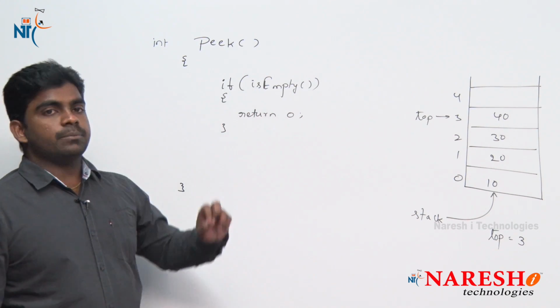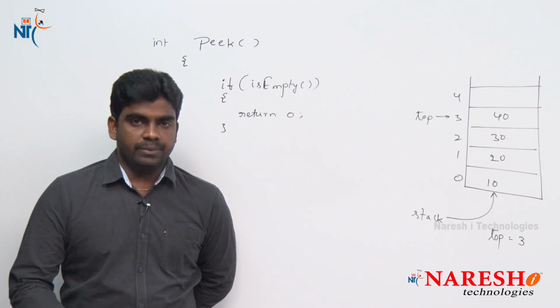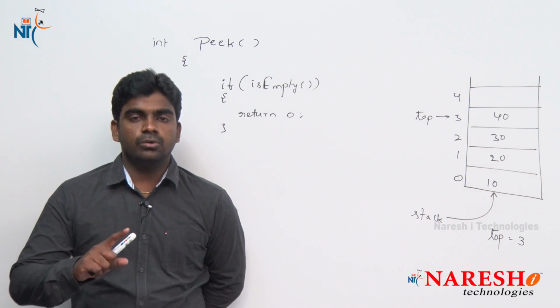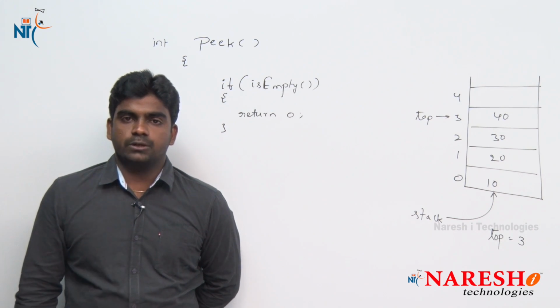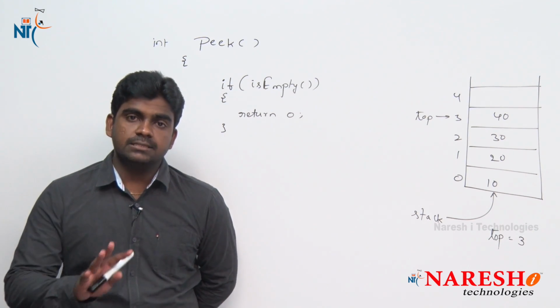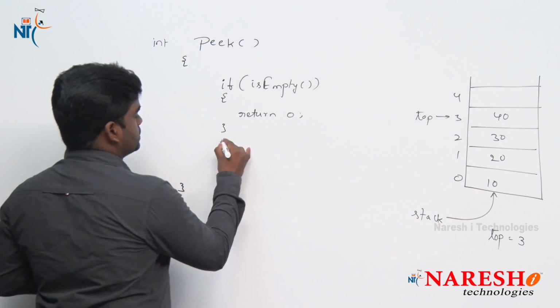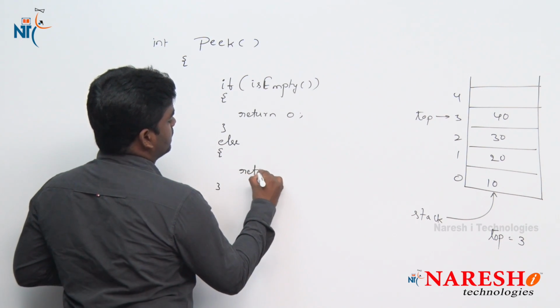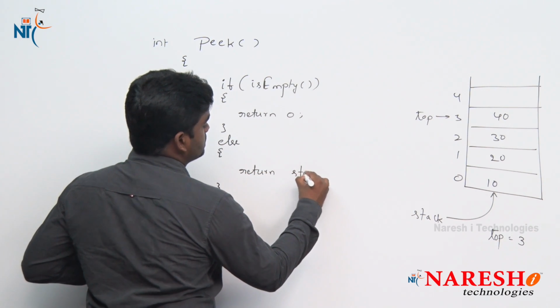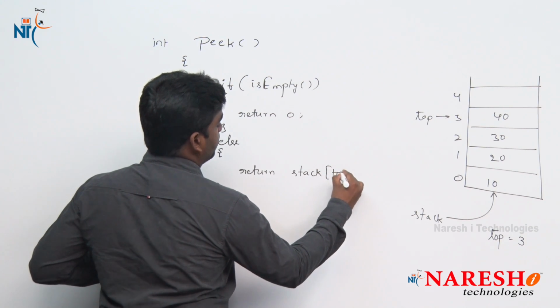Nothing but the peek method is not returning any element, because if the return value is 0, in the calling function we will write there are no elements in the stack to print. Or else, it will directly return the top element, return stack of top.